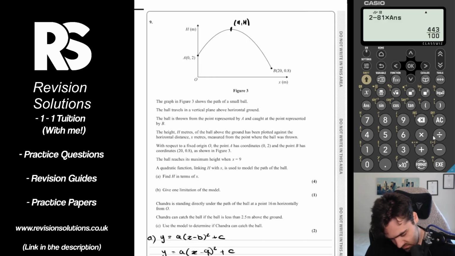Just give one limitation of the model. So we could maybe use what we normally would do, where in this model, it's traveling in a vertical plane, but maybe there could be some wind going into or out of the page, so it wouldn't actually travel in a vertical plane. It would be more like three-dimensional motion.